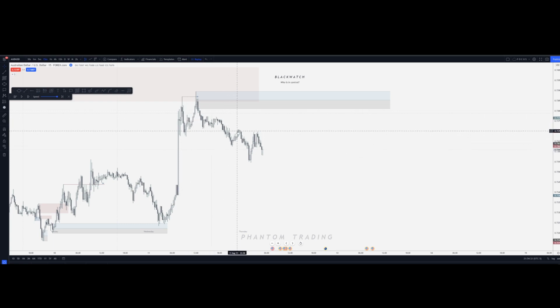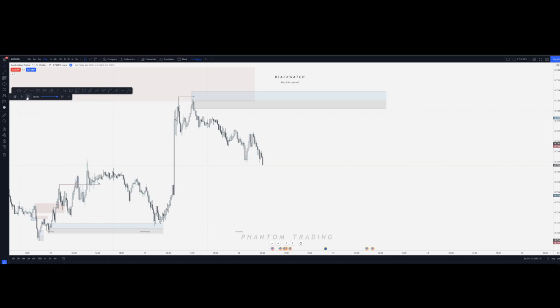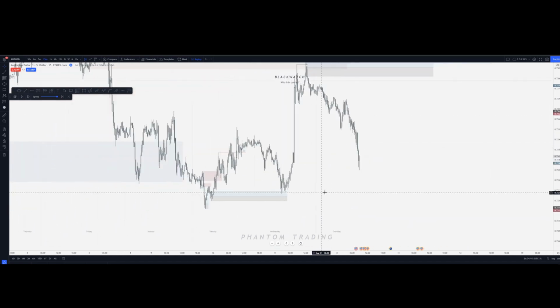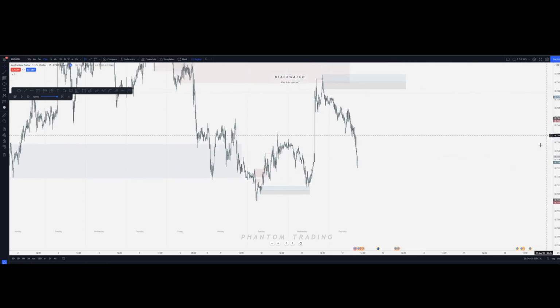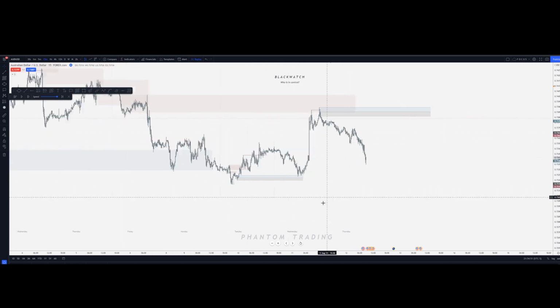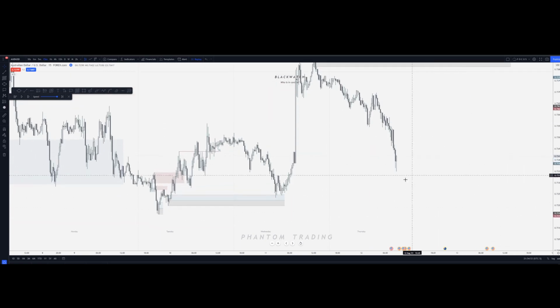I'm just studying price to see where I could have gotten in, if anywhere in here. Now, one thing I want to see, right? Because technically we hit that external range liquidity. We did push price to the upside. I know I'm bearish, but there is a chance that price will come off of this.